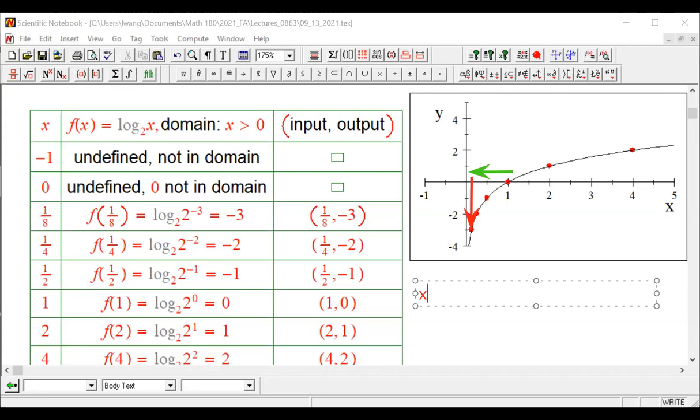X is approaching 0 from larger than 0, positive, okay? The software doesn't have enough good notation, so I'm going to write it in a better notation, okay? So let's do this.